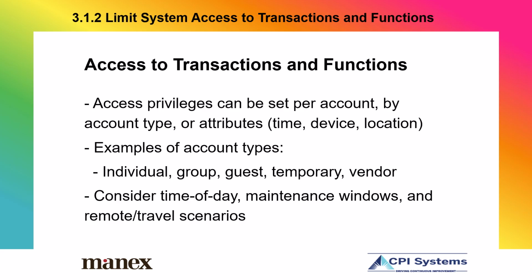Examples of account types would be individual, group, guest, temporary, or vendor. For example, a vendor might get temporary read-only access. Consider time of day, maintenance windows, and remote travel scenarios when setting these. Access rules can vary based on when or where the request originates, and some rules might get more rights during scheduled maintenance or emergencies.